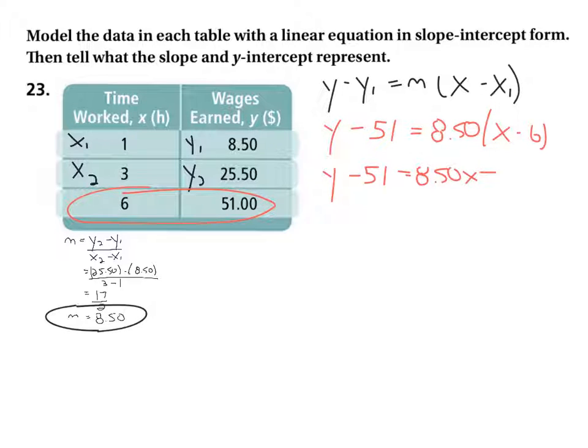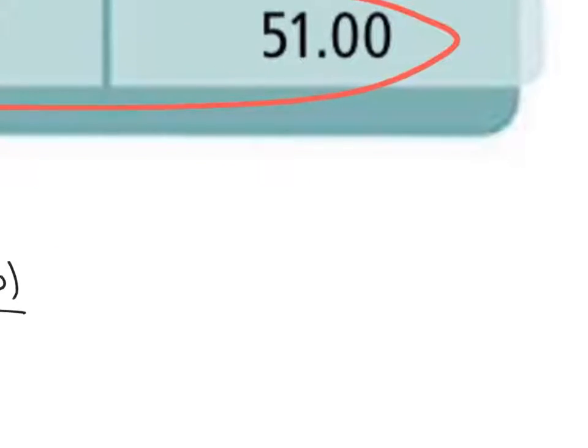minus, and I need to do the math for 8.50 times negative 6. I'm going to really do it times 6, and I know the answer is going to be negative. So I'm going to zoom in here, and I'm going to do 8.50 times 6, 0, 30, carry the 3. 6 times 8 is 48. Plus 3 is 51.